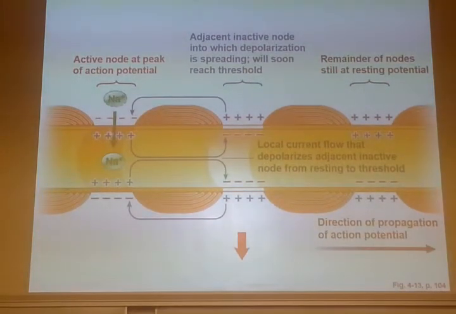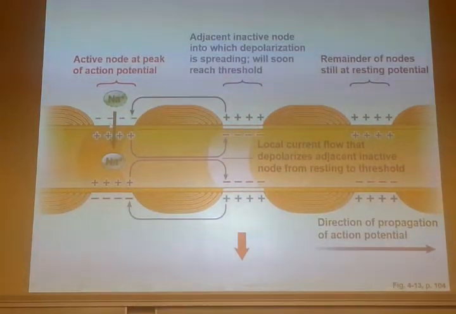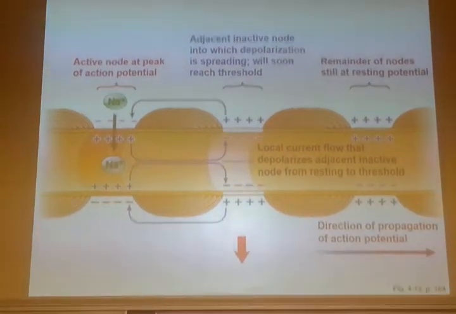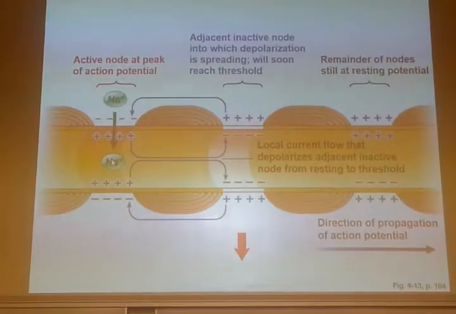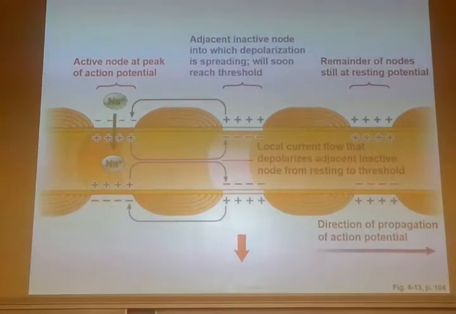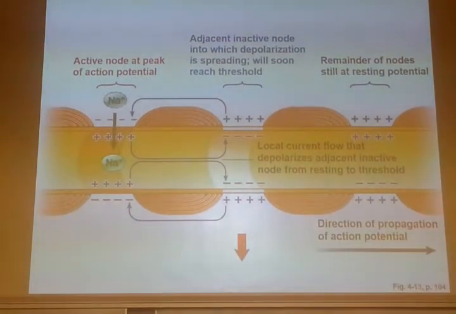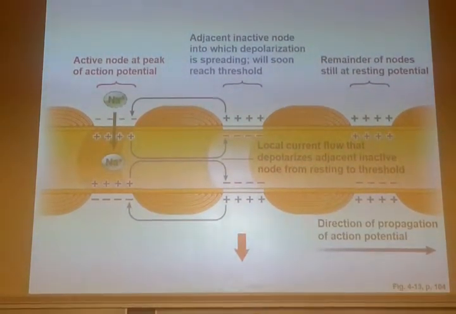So voltage-gated channels here open voltage-gated channels in the downstream node. And when enough sodium comes in that you're at plus 30 millivolts, sodium channels close, potassium channels open. As soon as the sodium channels close, potassium starts to leak out. It's going to make it harder for you to get an action potential in this node.